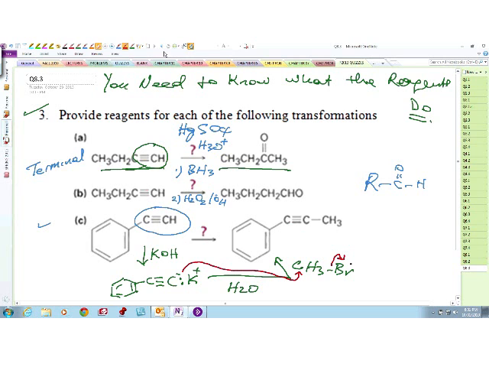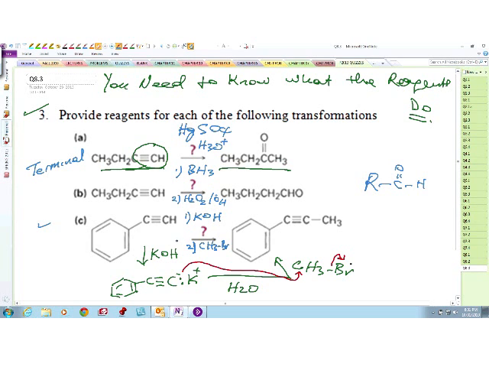So in essence, we could simply do this: step 1, KOH, and then step 2, methyl bromide.